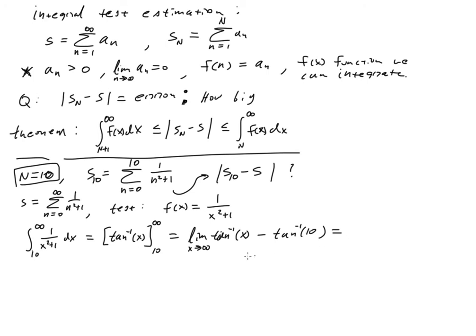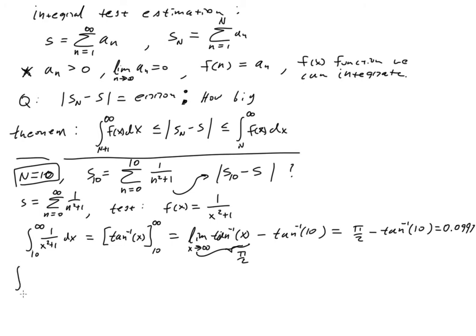This has a nice calculation. So this right here, that's actually equal to pi over 2. So this is going to be pi over 2 minus tangent inverse of 10. This particular value, I actually calculated ahead of time. It's 0.0997. Okay, cool.